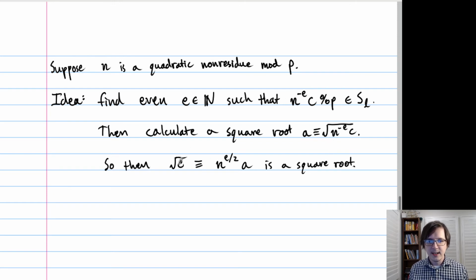And so we can use as our square root n^(e/2), which we can calculate because e is even, and multiply that by the root. If we square this, we get n^e times n^(-e) c, and the n^e's cancel out. So that would give us a square root, and it would actually be plus or minus to get both of them.